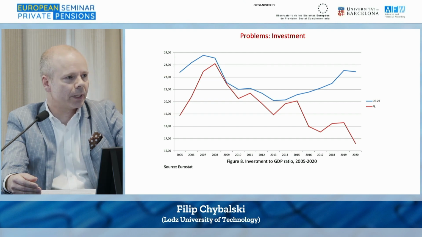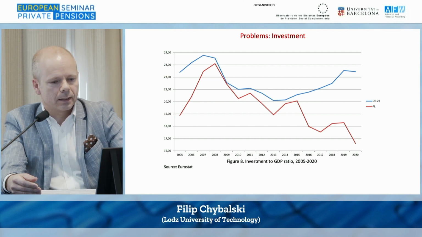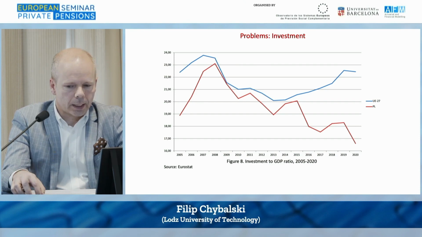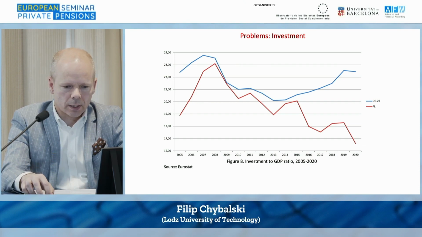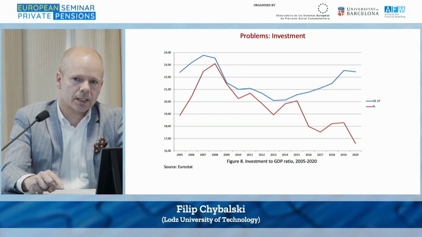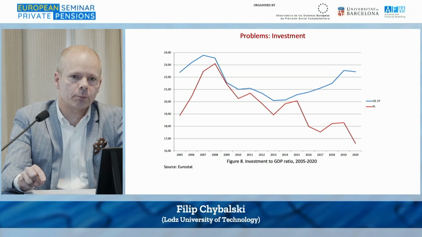However, in Poland, we still have a decrease. If we don't change the situation in terms of the business trust to government, we will still have serious problems with investment. Without investment, we will not improve labor productivity.